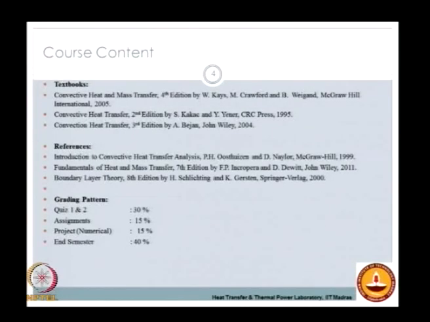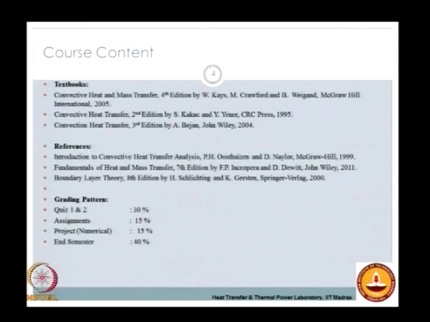Also Bejan is credited with coming out with his own theories, primarily on heat lines, and on entropy generation, the analysis of entropy generation due to convective heat transport, and using constructal theory for design of heat exchangers and so on. So Bejan is of course an authority in this subject, and his contributions towards understanding through scaling analysis are particularly interesting for students.